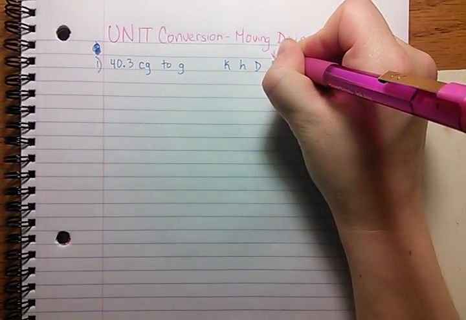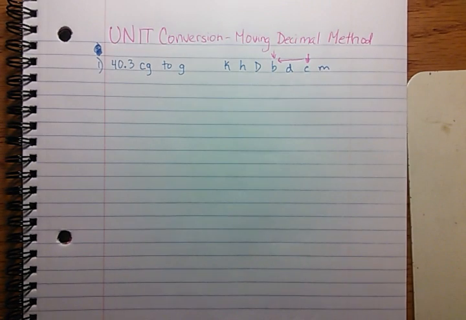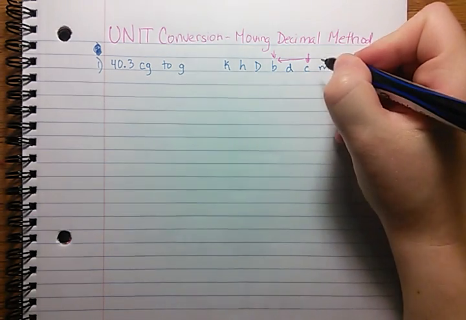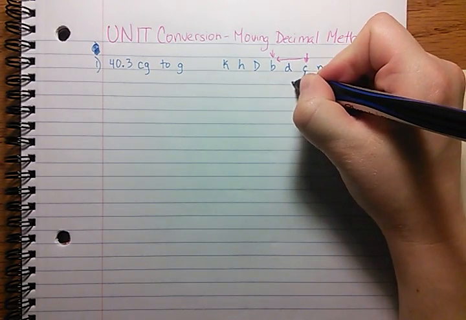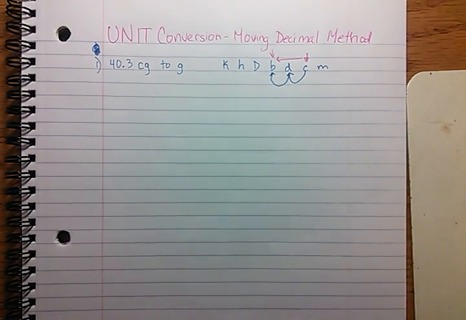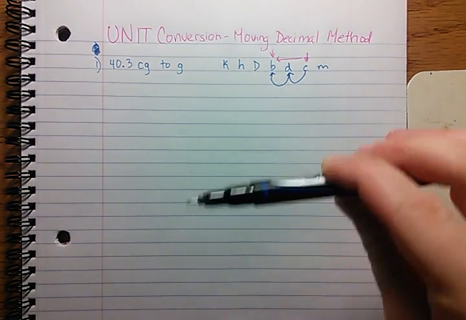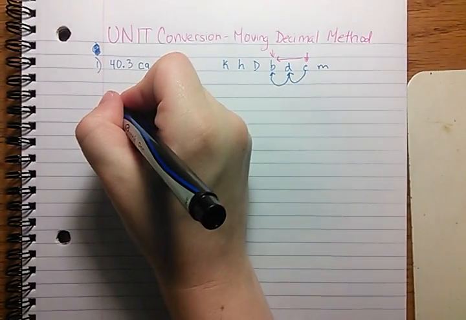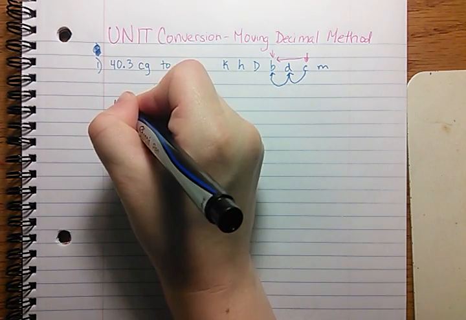So we're going to end up moving the decimal over from C to B. And how many places is that? Well, we do not count the one that we start on. So we go 1, 2. In this one, we want to end up moving the decimal 2 places that way. Let's rewrite our number down here.